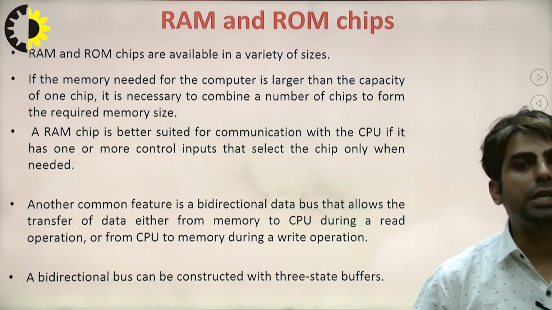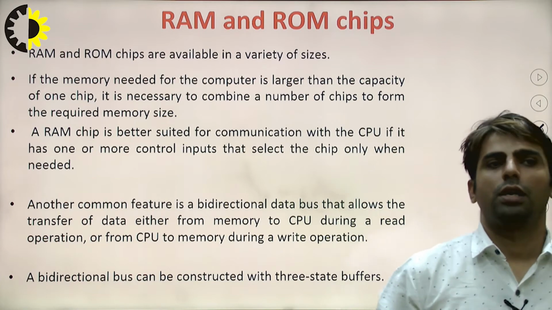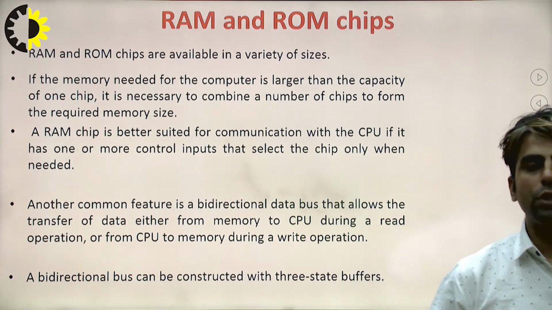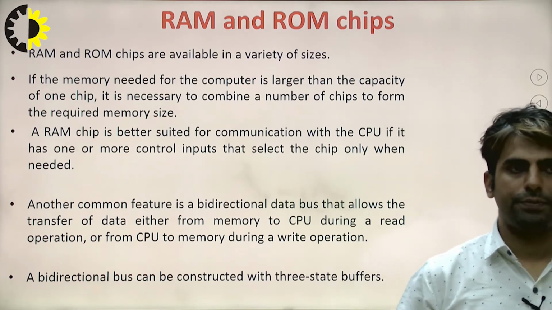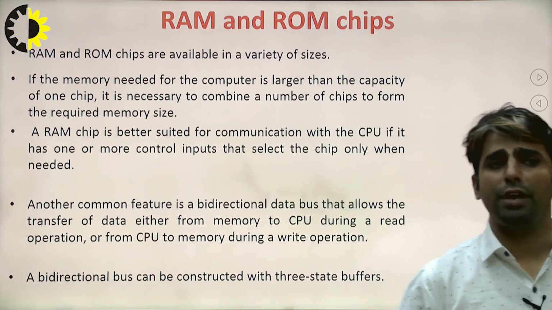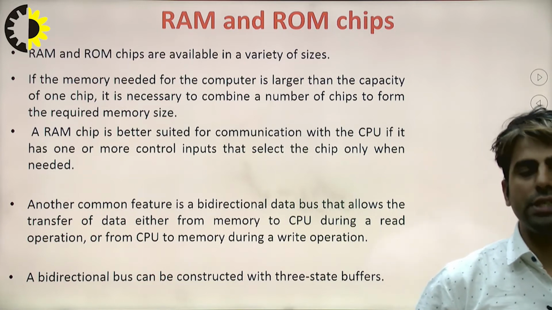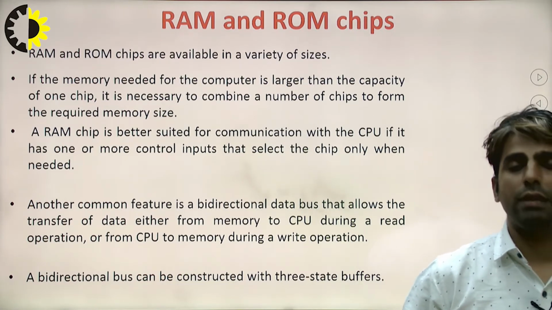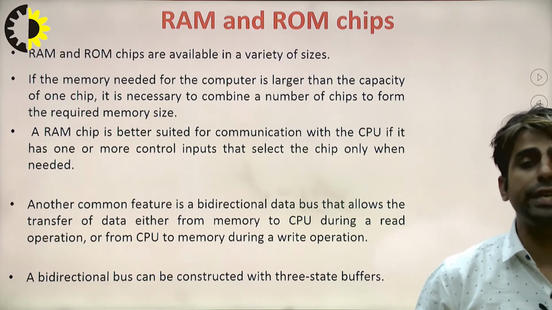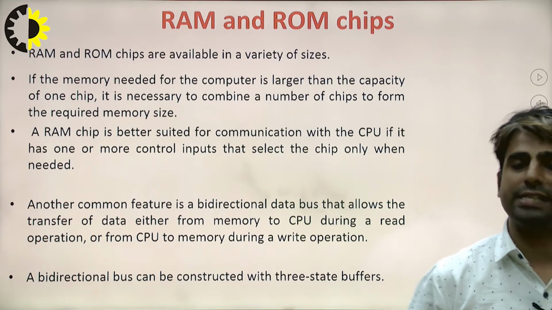If we have multiple RAM chips available in the system, we need to select one chip out of those multiple chips. A RAM chip is therefore better suited for communication with the CPU since it has control inputs. These control inputs are meant for selecting the required chip out of all the chips present in the system.